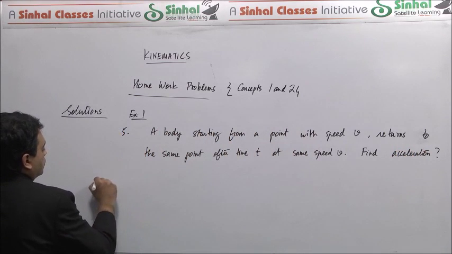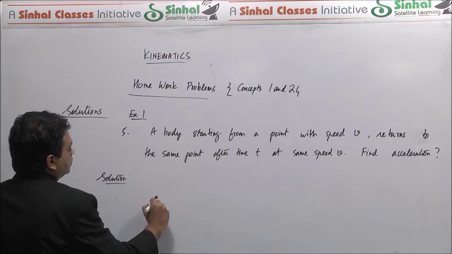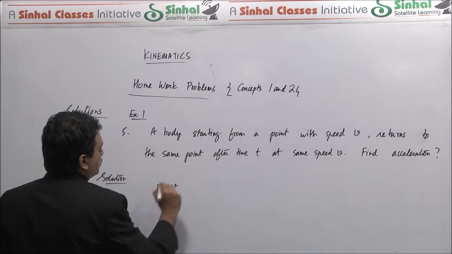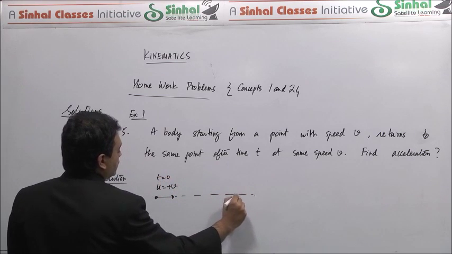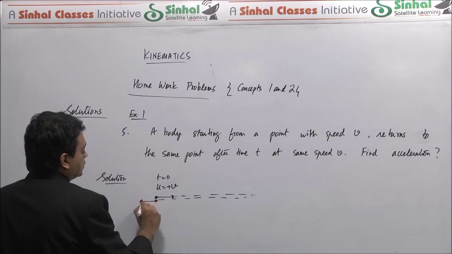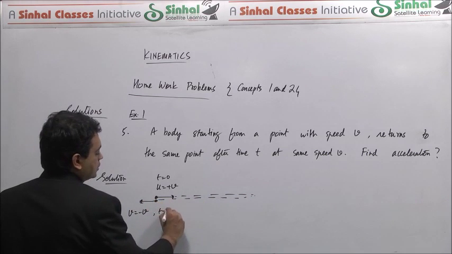So what we can understand here is that from a certain point the body starts with a velocity of plus v at t equal to 0. Then it must be coming and returning back here to the same point. So when it returns, it has a velocity of minus v. Okay. And the time is t.